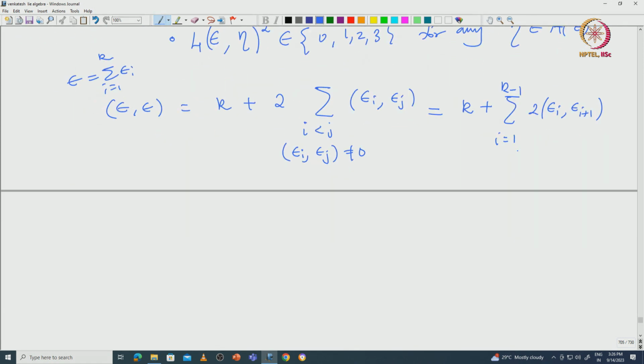Then you can see that (epsilon, epsilon) is exactly k plus minus (k minus 1), which is exactly 1. So that means epsilon is a unit vector. That is not hard.